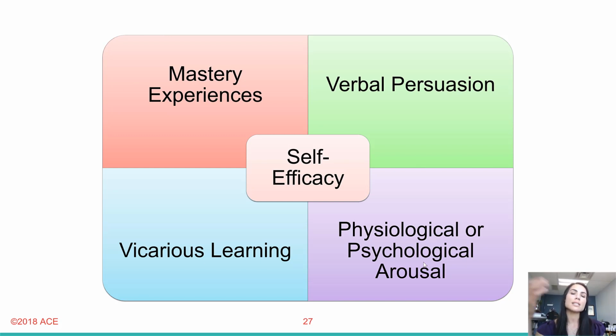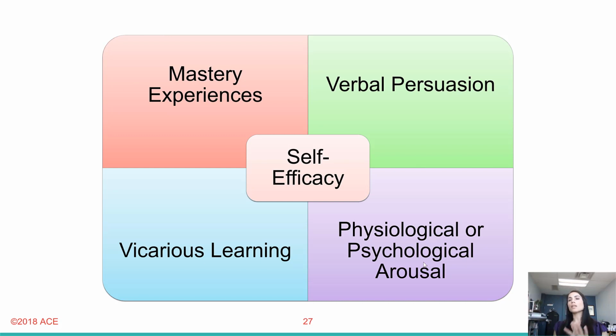And then this last piece is this idea of physiological or psychological arousal. Stress arousal is associated with a decrease in self-efficacy. So people are going to interpret stress symptoms as signs of inability. Health coaches, us, we can help our clients reduce stress by creating a relaxing, non-judgmental environment that encourages them to establish this support system and also introduces them to appropriate people around them so that you have this appropriate amount of arousal, okay?